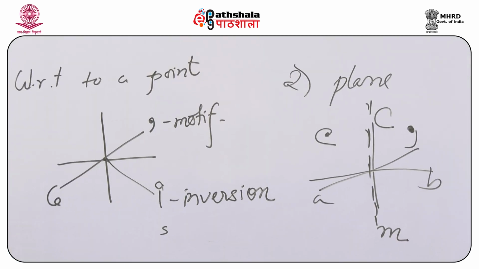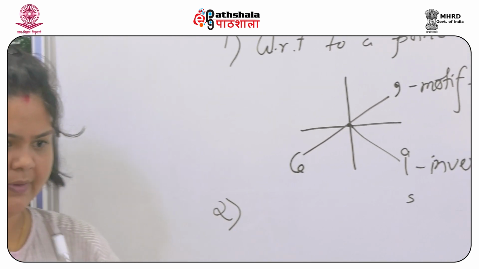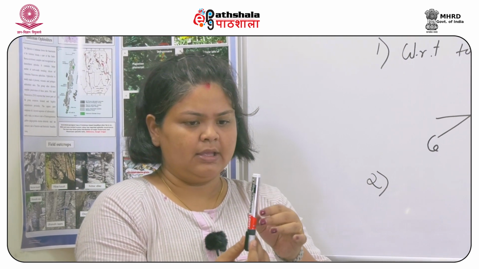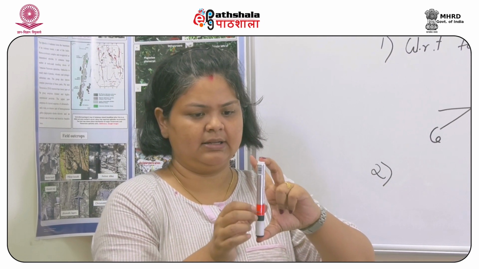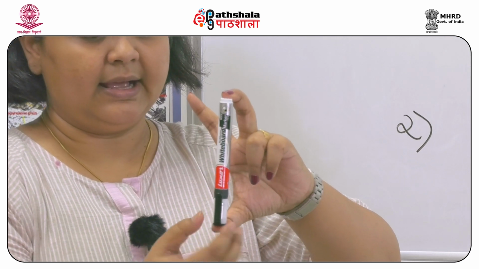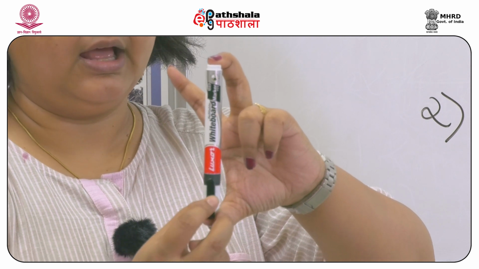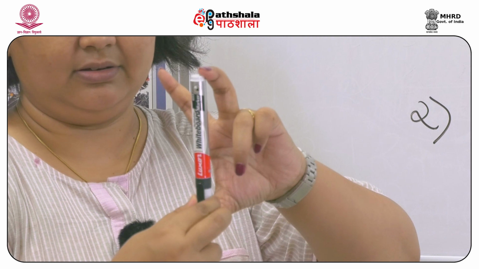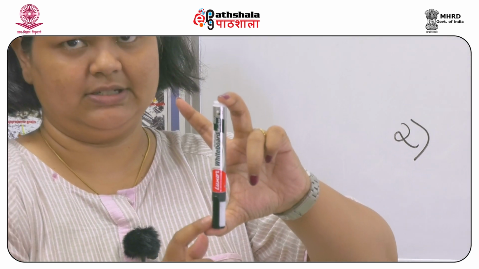Then we have symmetry with respect to an axis. For instance, if this is my object, and this is the point which I want to repeat, if I want to get it back to the same position, I have to rotate it by 360 degrees, and this is called a one-fold axis of rotation.